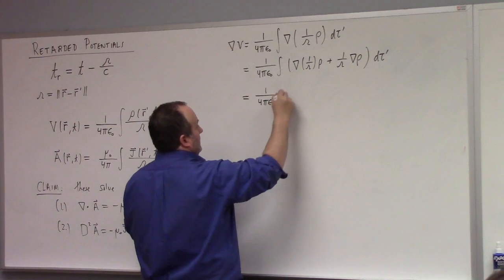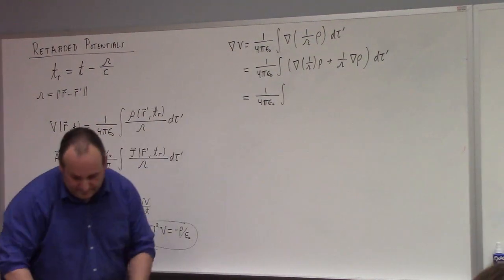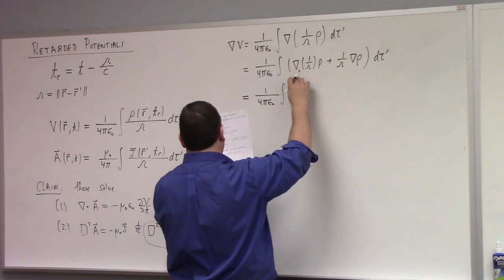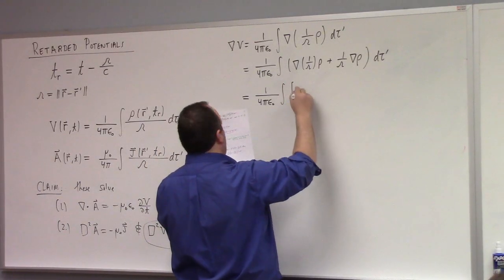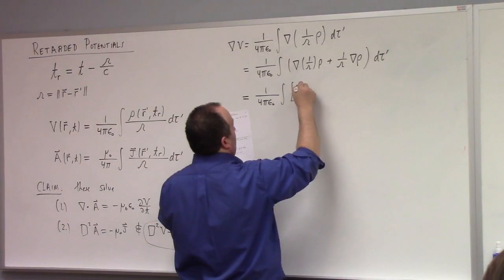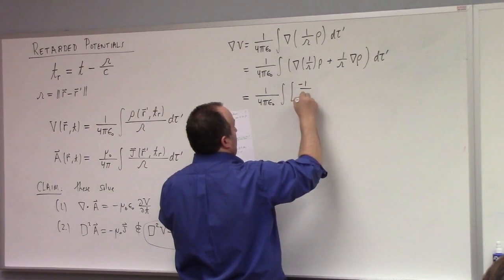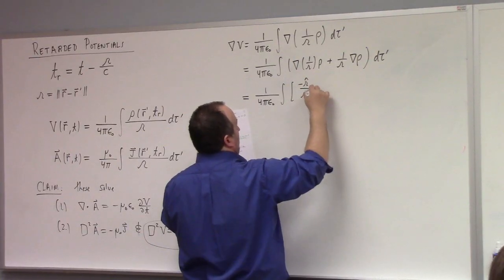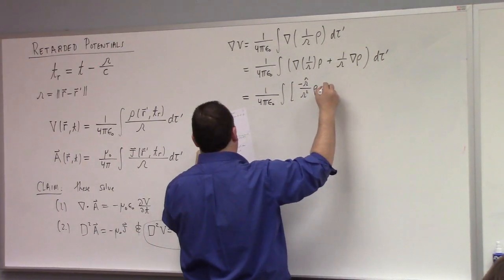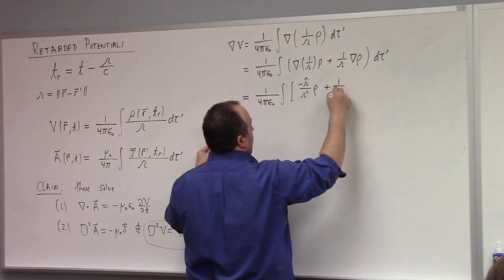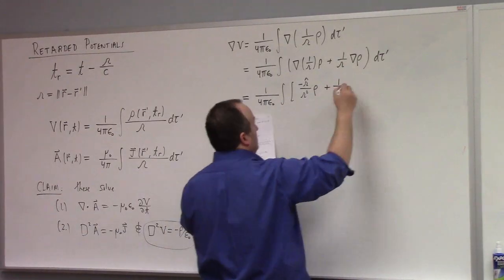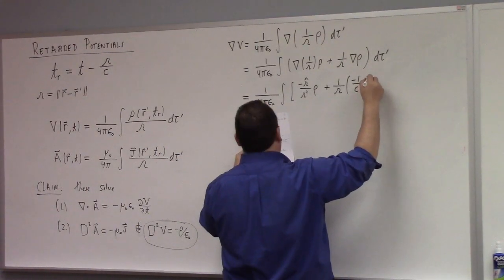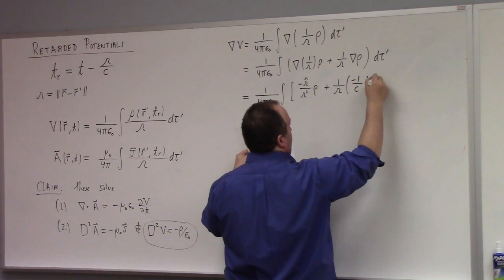This gradient of 1 over r is simply minus 1 over r squared, and that's r hat, if you will, from this term. And then the other term, 1 over r, as it happens, works out to minus 1 over c rho dot, r hat.